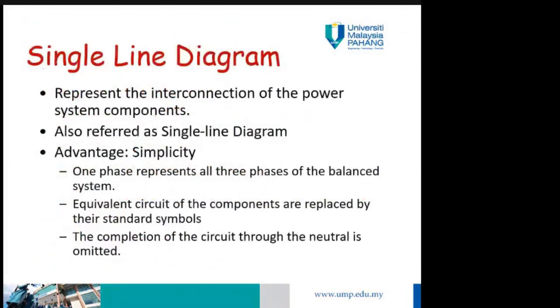So we go to the first subtopic, single line diagram. What is the single line diagram? Single line diagram is the representation of the interconnections of power system components in the power system network.